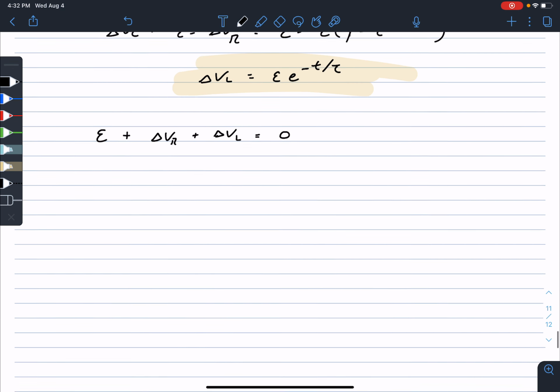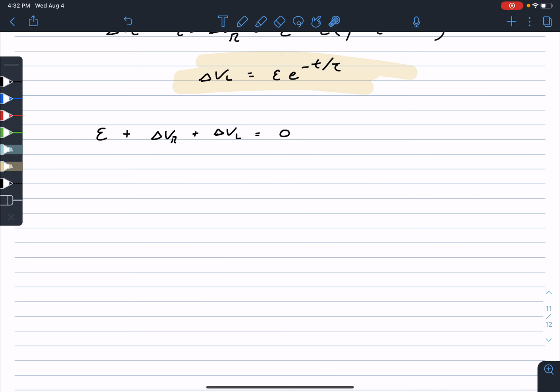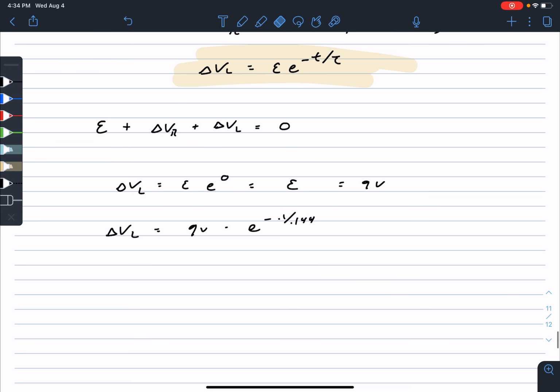Just considering this, delta V_L is equal to the EMF times e to the 0, which is equal to the EMF, 9 volts. At time 0, it's 9 volts. Then we have 9 volts times e to the negative 0.1 over 0.144, so this comes out to 4.49 volts.